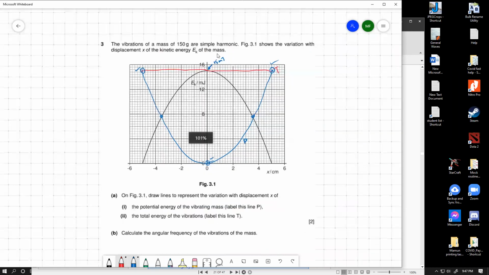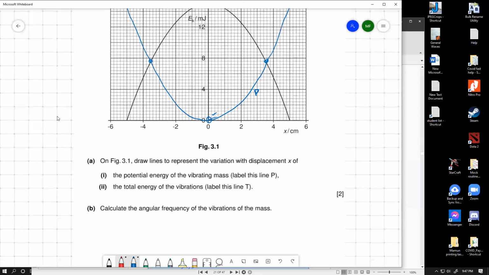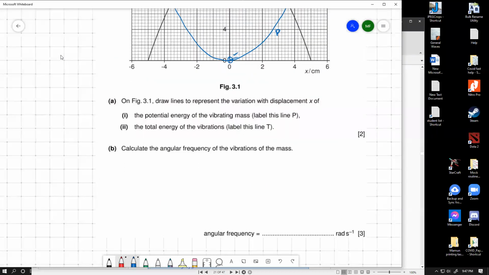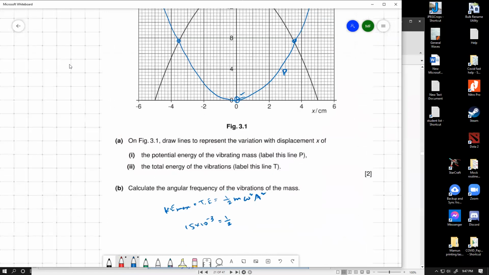From the graph, we have this kinetic energy expression, and from that we can find the angular frequency of the vibration of the mass, because we know that KE max, which is basically the total energy, is given by half m omega squared a squared. What was the mass? 150 gram.